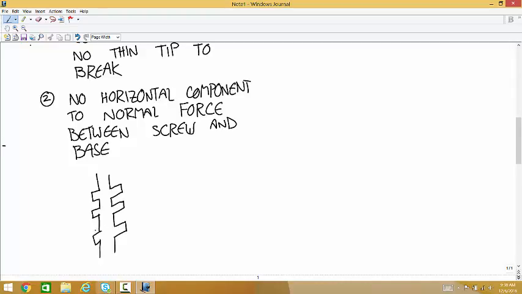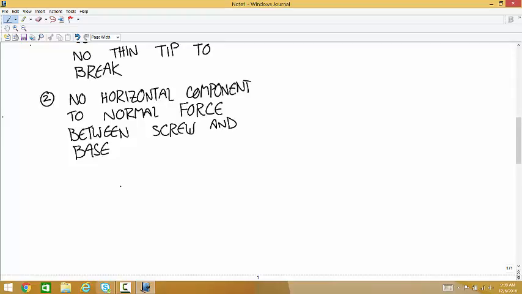A normal force is perpendicular to this surface. And actually, let me draw this more carefully.